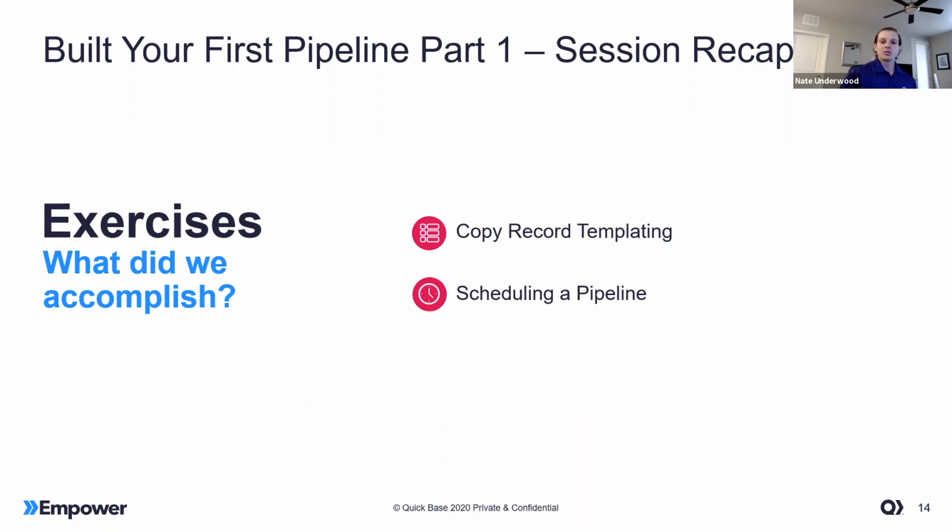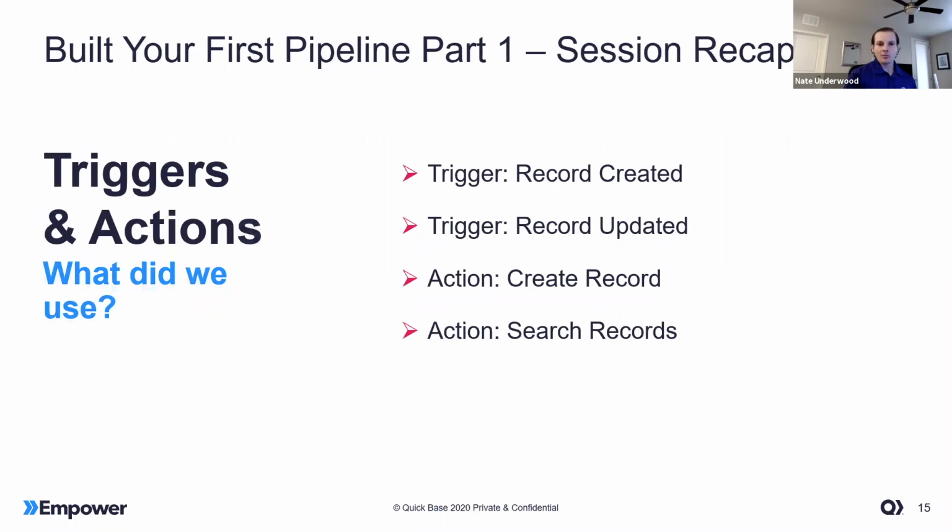To do both those things, we used a number of different triggers and actions. Just to recap, in the QuickBase channel, we used the trigger record created, the trigger record updated, the action of create record and the action of search record.